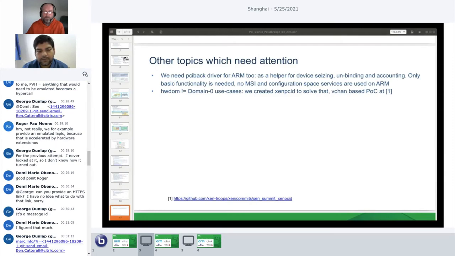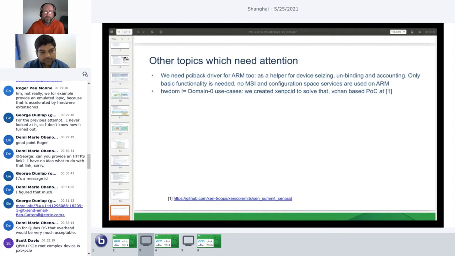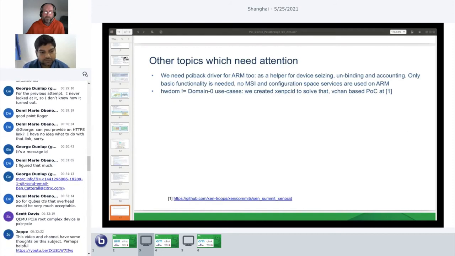One thing that occurs to me is that we are almost certainly not the only hypervisor that cares about device seizing and unbinding. It might also be the kind of thing that could be shared with other hypervisors if Linux wants it that way.